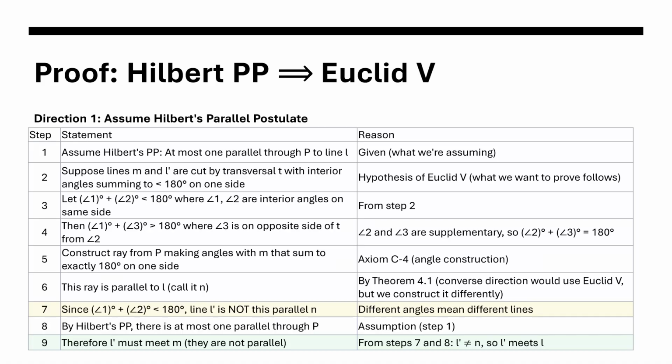So by theorem 4.1, the converse direction would use Euclid's fifth, but we construct it differently. Okay. Now, technically, this is clever. We construct a line N through P that makes the angle with the transversal summing to exactly 180 degrees.